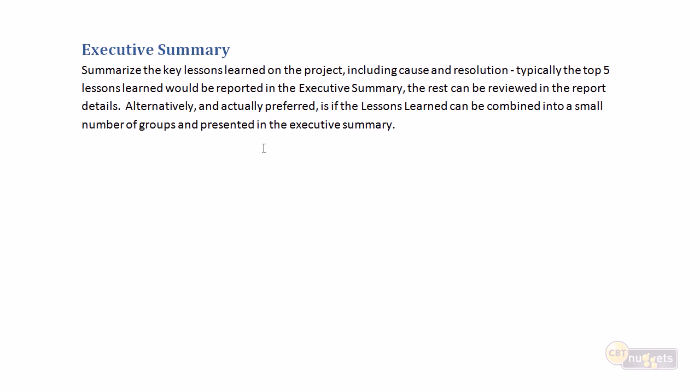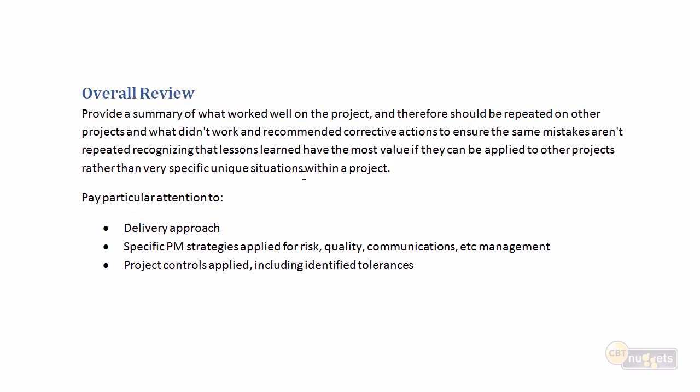So I have a group of lessons learned around team productivity, and generically speaking, my lesson learned for team productivity would be to listen to the team. Now, there's going to be more detail in the body, but again, I really like to be able to group my lessons learned and present the generic summarized lessons learned at the group level in my executive summary. But enough of the executive summary, let's get into the meat.